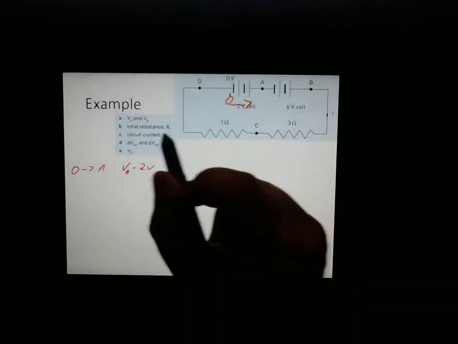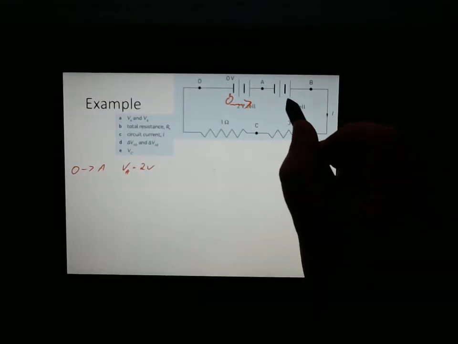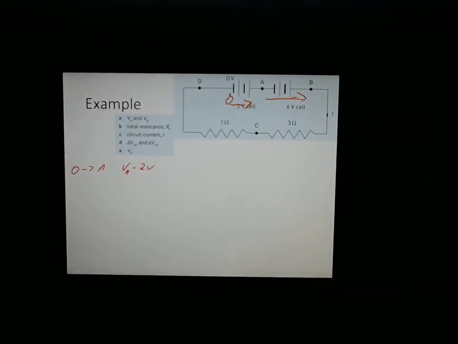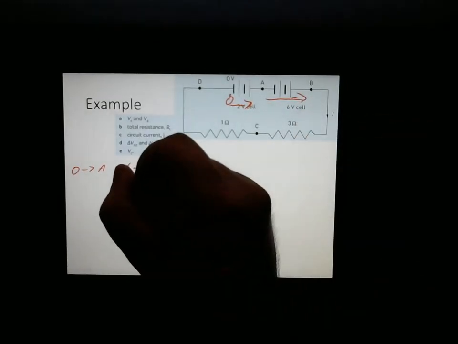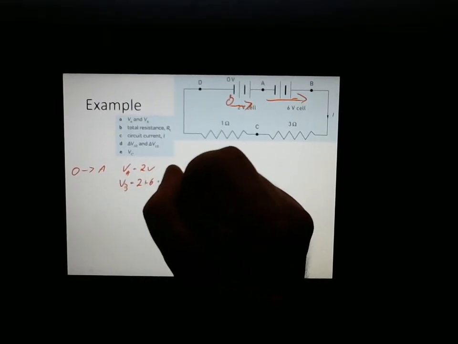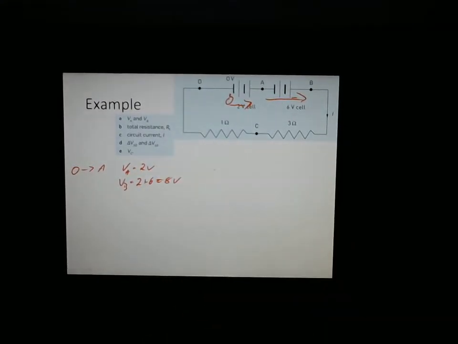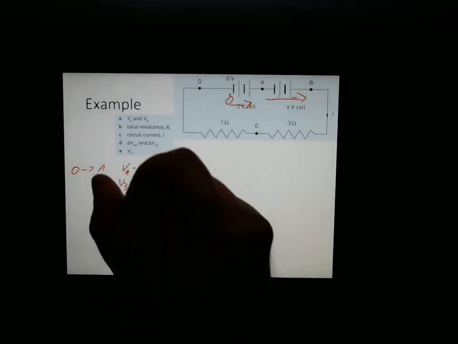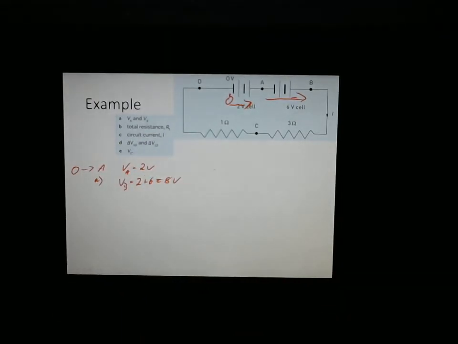But then we keep going, because we want the voltage at B. We've gone through another battery. We can see this one is 6 volts. So the voltage at B must equal 2 plus 6 equals 8 volts. Batteries in series are always just added voltage together. Okay, so there's our first bit: our voltage at A, and then our voltage at B.